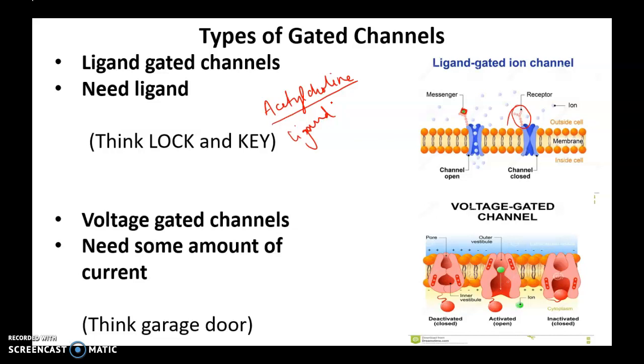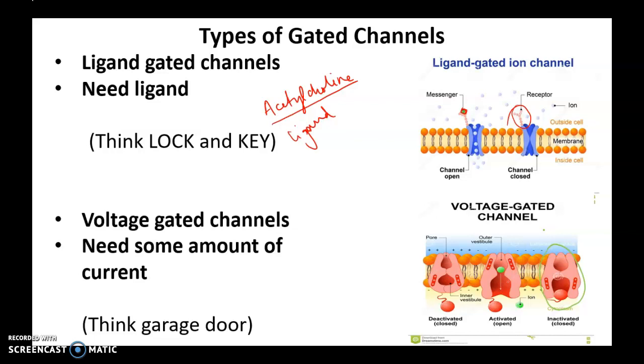Now, few things. Let's look at the picture. Voltage-gated channels can have different gating mechanism. For example, if you look here, this one on the very, very right, you see that the gate is closed.